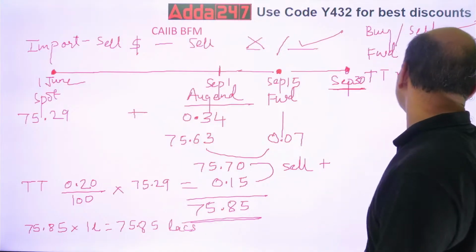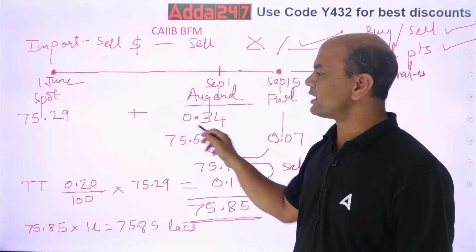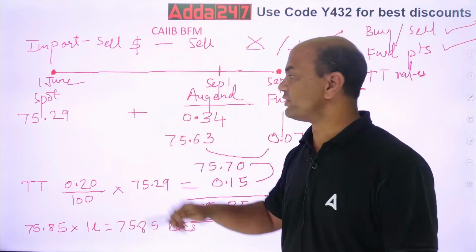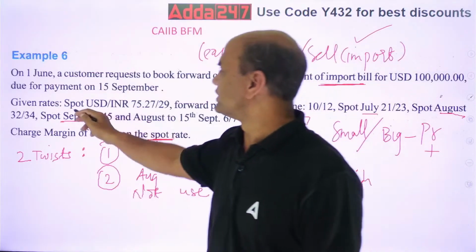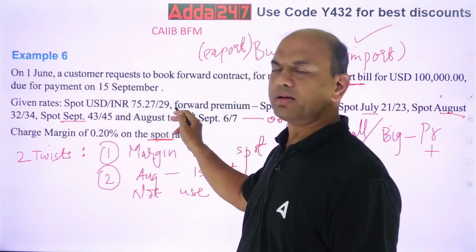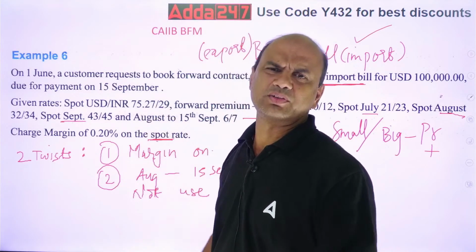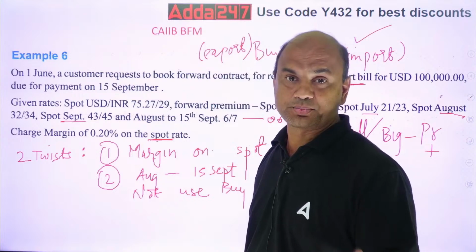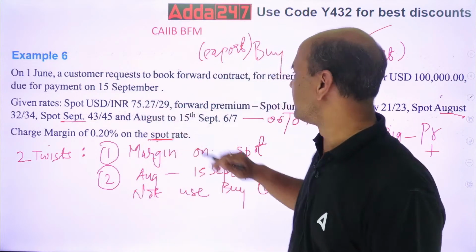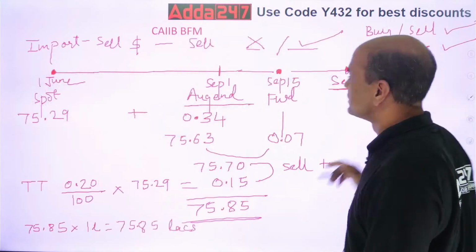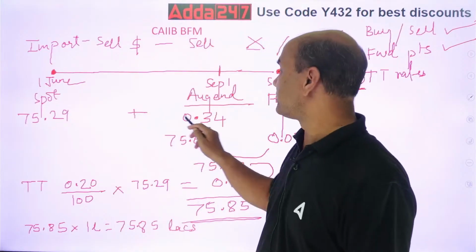So now look at it. August end rate I am having. What is the spot rate now? 75.29. How do you know the spot rate? See, it's given. USD spot is 75.2729. Take this 29. Why not 27? Because 27 is for sale, for export, buy. I want sell now, import. So 75.29 plus 0.34. Why plus?